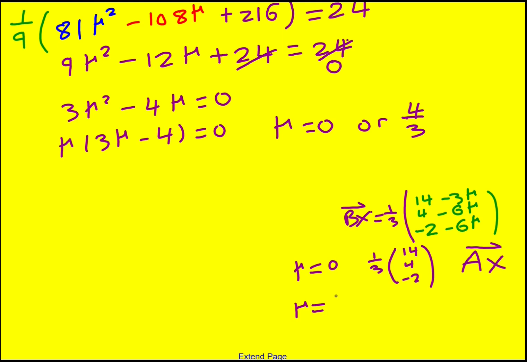And then mu equal to 4 over 3 is going to give bx. So if you substitute in 4 over 3, then you actually get a third 10, minus 4, minus 10. This is bx. In fact, we weren't asked for that. We're asked for OB, the position vector.